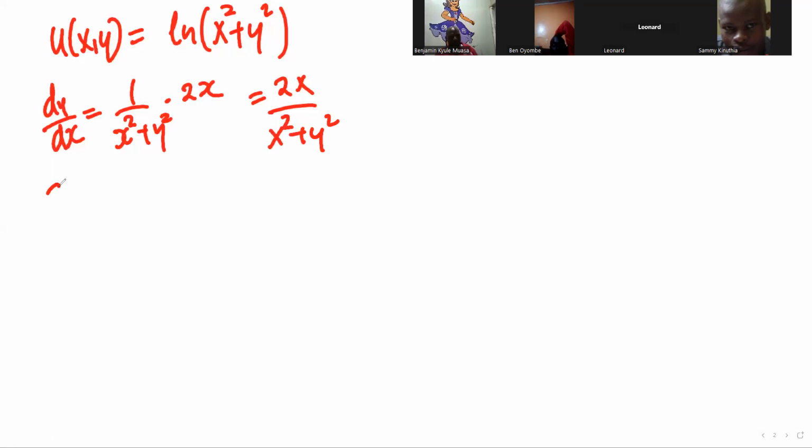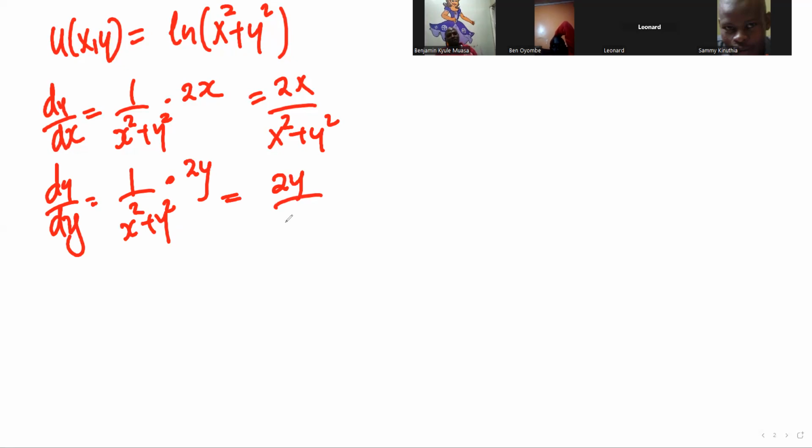We want to find also our du dy. This one will be 1 out of x squared plus y squared, then times the differentiation of y squared, which is 2y. So the final answer is 2y out of x squared plus y squared, like that.